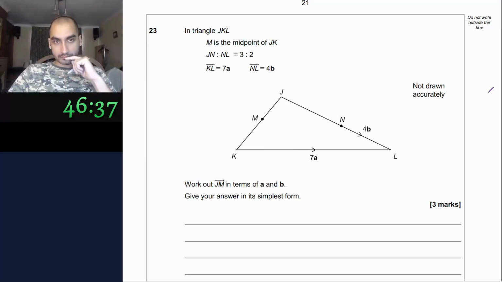JKL. M is the midpoint of JK. JN to NL is 3 to 2. Okay. So that immediately tells us this is 6B.